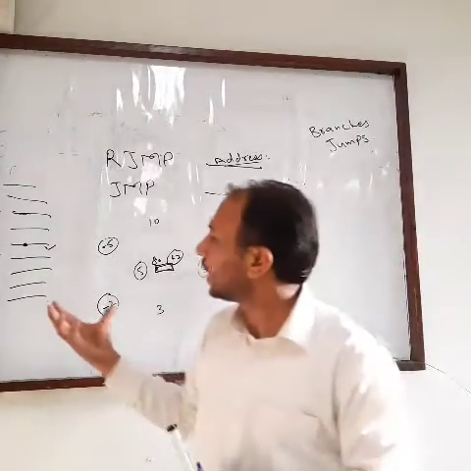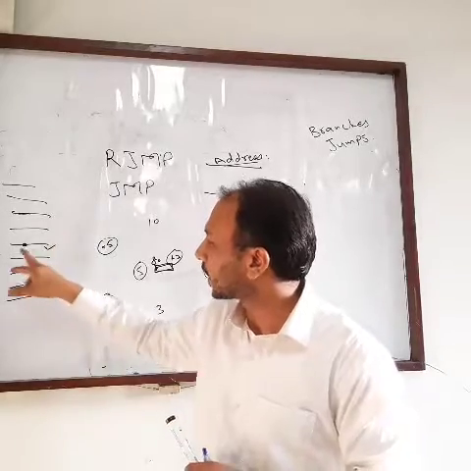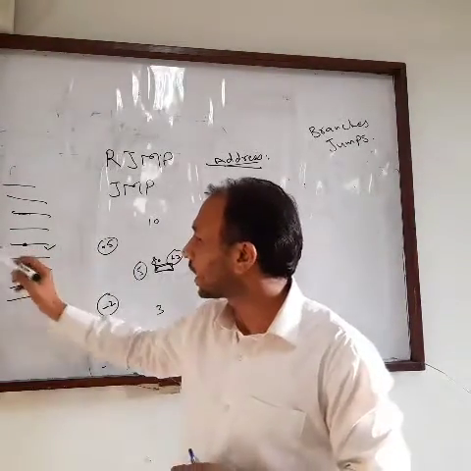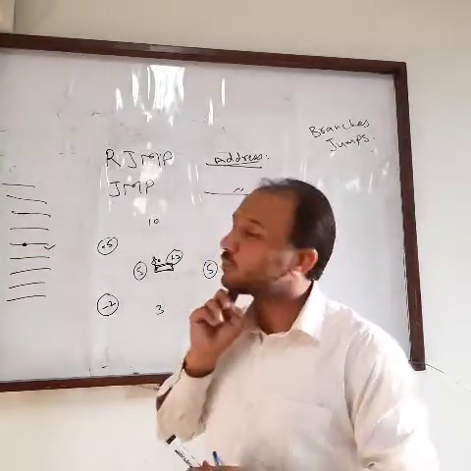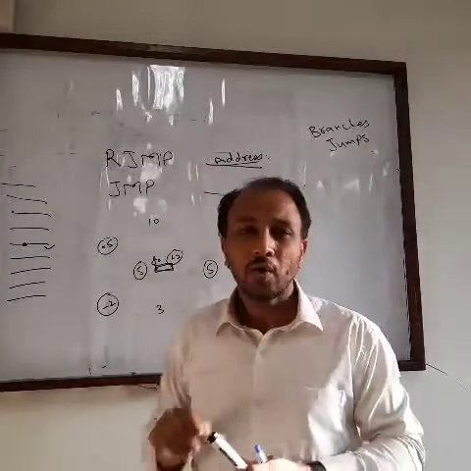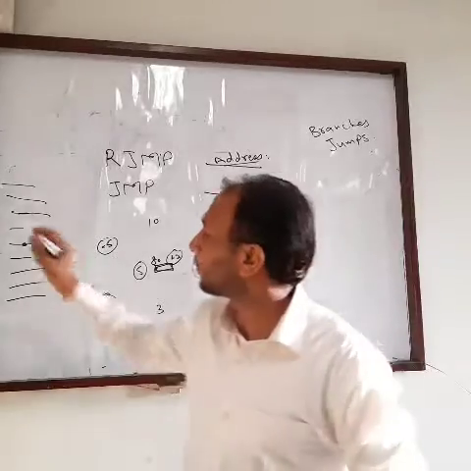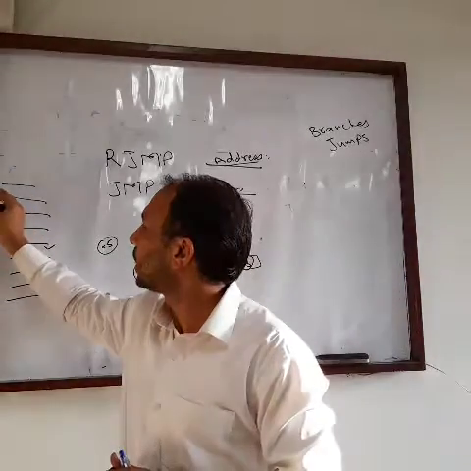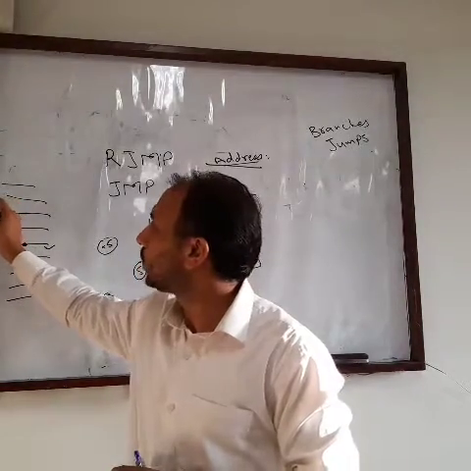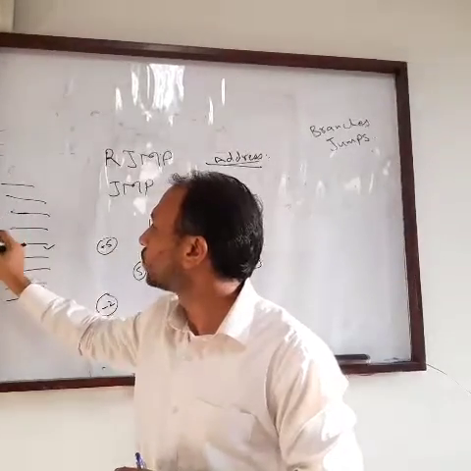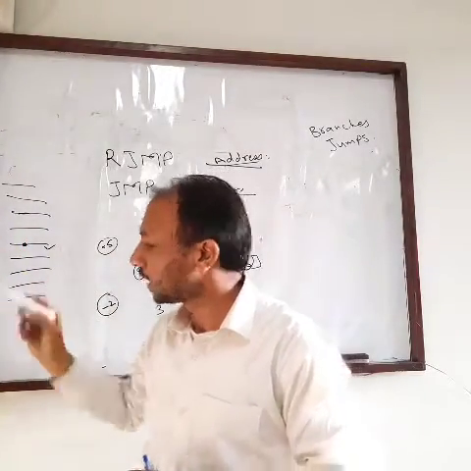Your assembler automatically finds that. In assembly language, how do we write this address? We write this address by using a label. For example, this is our label L0, L1, L2, L3 up to label 8.